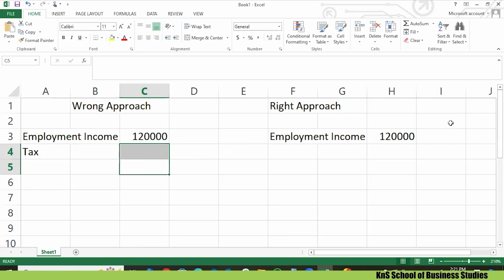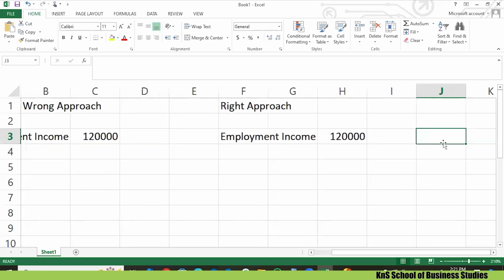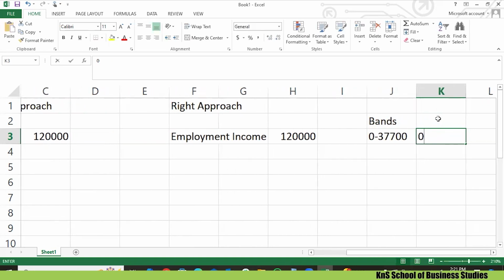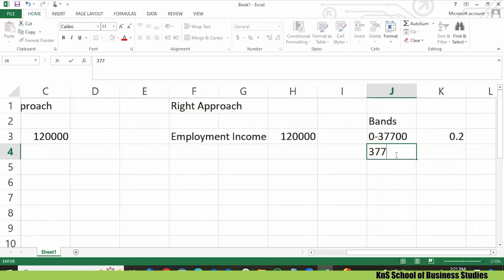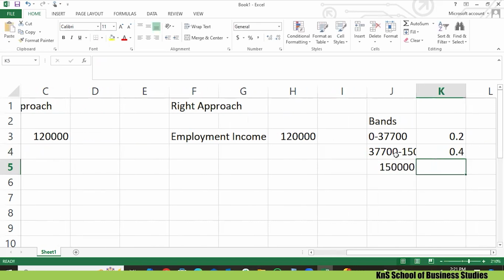Let me place down the tax bands over here. From 0 till 37,700, it is 20%. Then the band 37,700 till 150,000, it is 40%. And with more than 150,000, this is 0.45, like 45%.